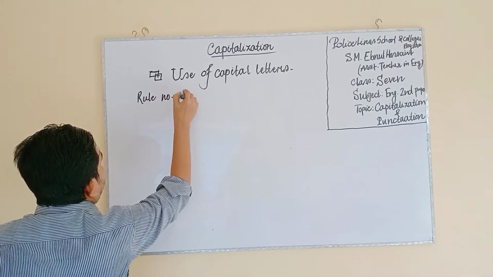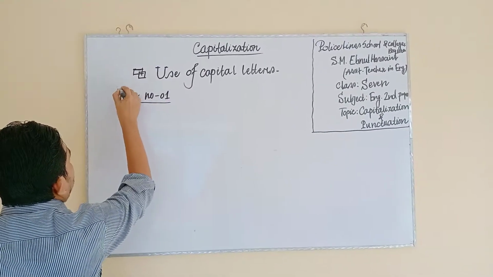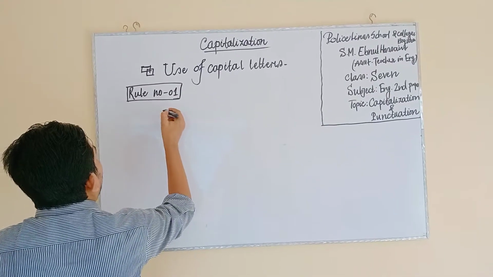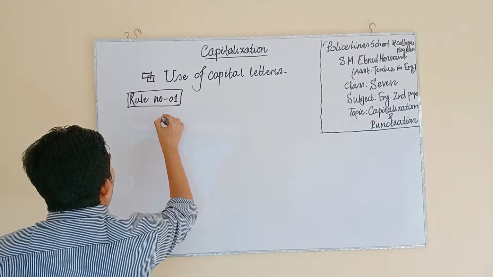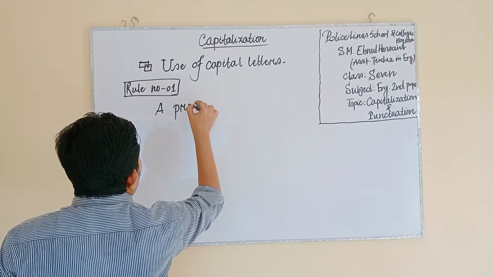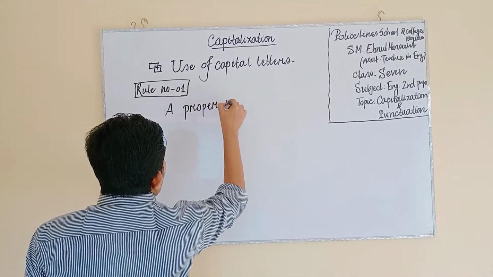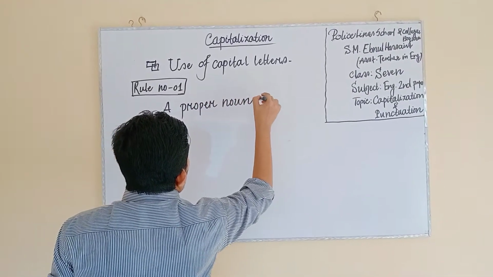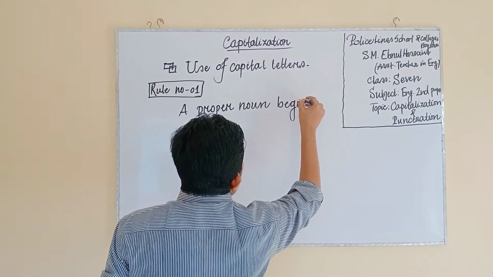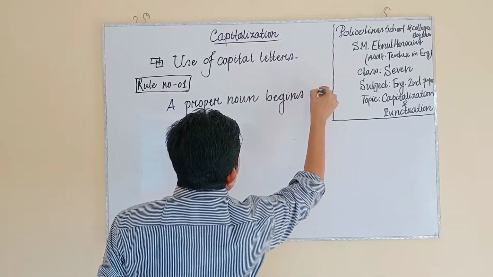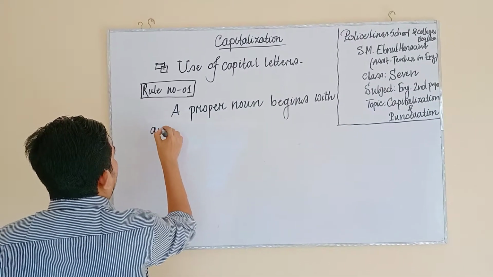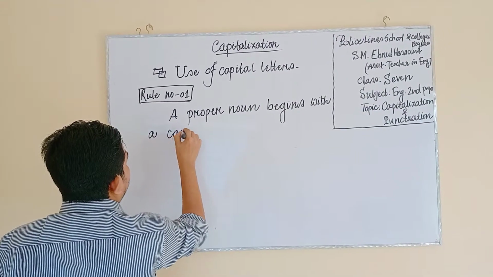Rule number 1. A proper noun begins with a capital letter.